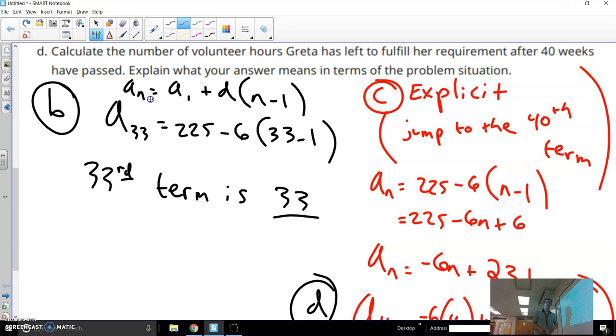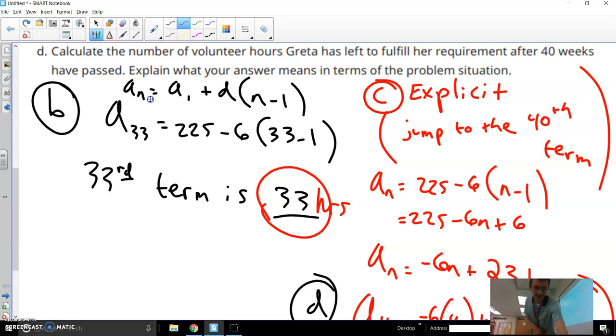And we're curious, after 33 weeks, how many hours does she have left to do? If we were to calculate, this comes out to be 33. She would have 33 hours left after 33 weeks. So if you just do 225 minus 6 times 32, that's where you're going to see that 33 hours.